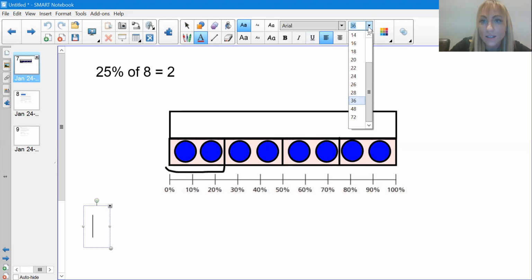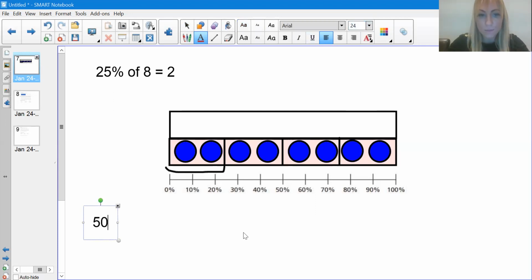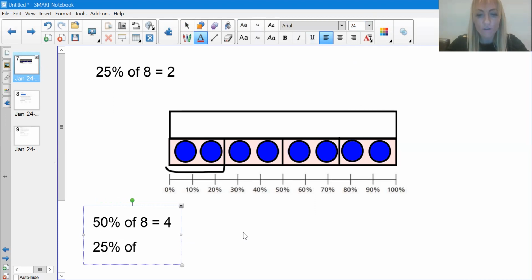If you noticed, 50% of 8 was 4. 25% of 8 is 2. Could you pause the video and have a little think about the relationship that you see here?